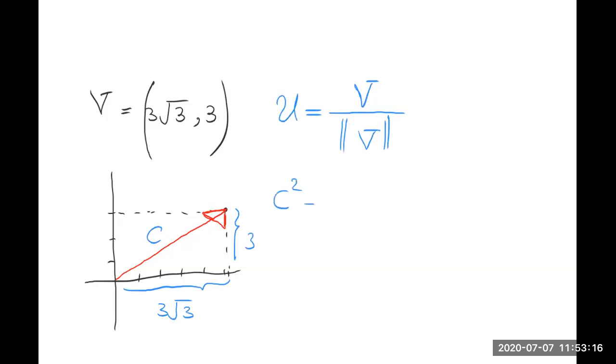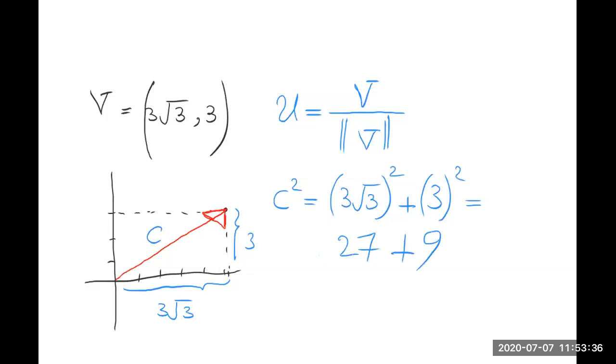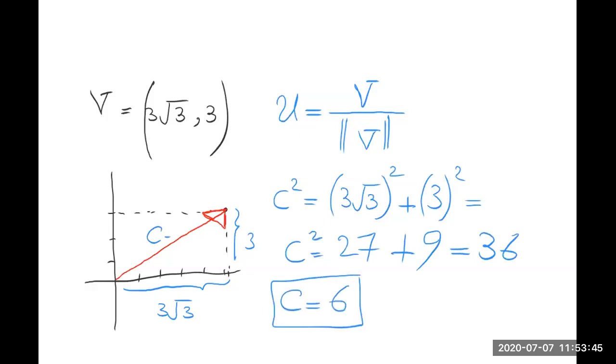C squared is equal to 3 radical 3 squared plus 3 squared. 3 radical 3 squared is 9 times 3, which is 27. The other one, 3 squared, is 9. The sum is 36. So c squared is 36, c is 6. So the length of this vector is actually 6.